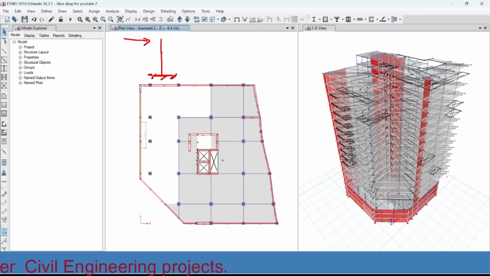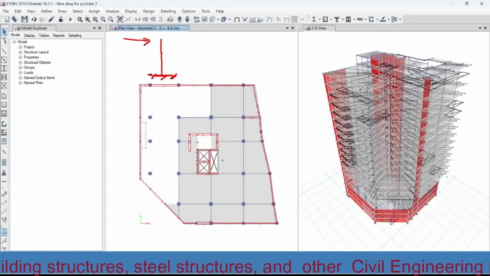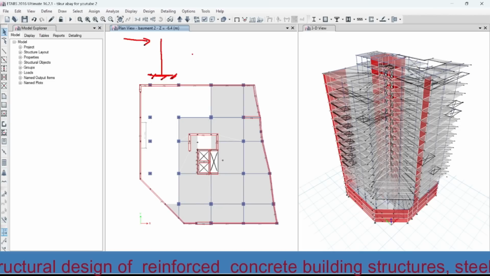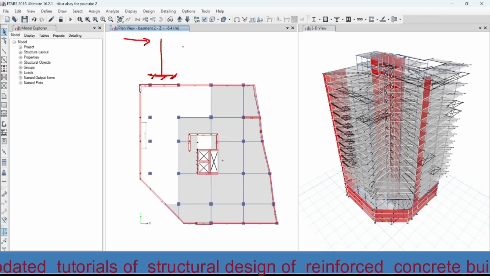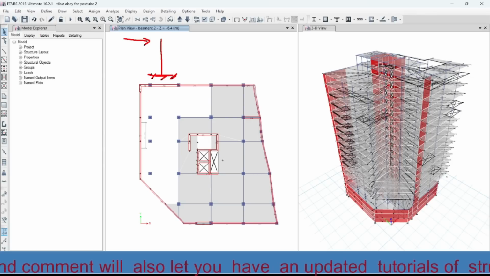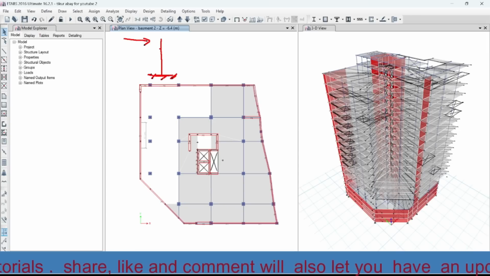In order to check whether our modal analysis is correct or not, we can see the behavior of the modes.